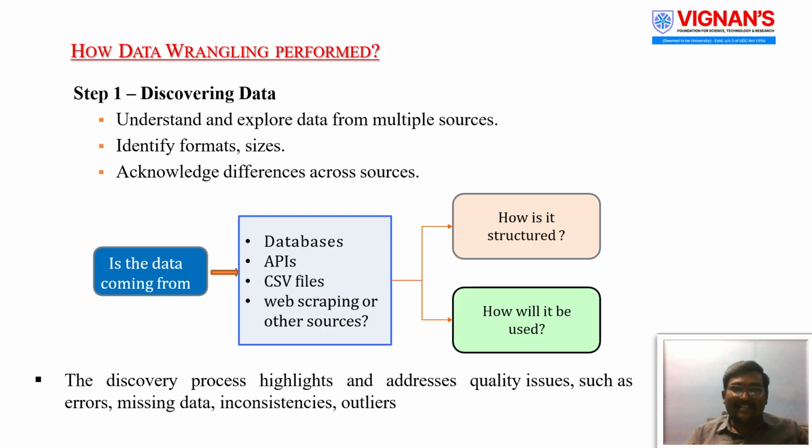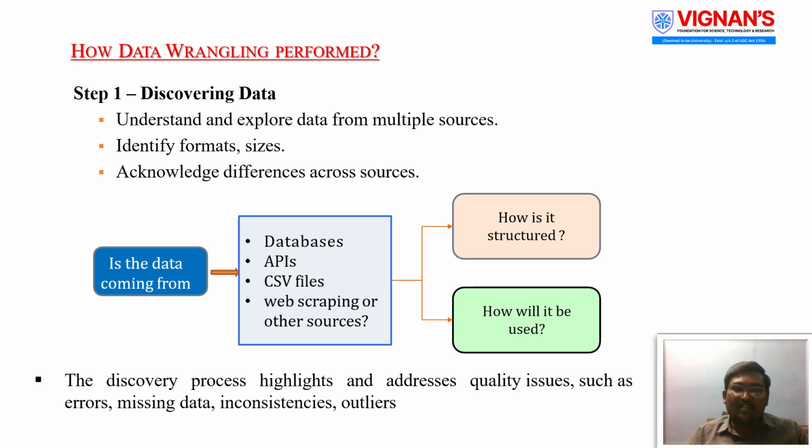In these six key steps of transforming raw data into useful information, the first step is discovering the data. Let's see how discovering the data is done. Understand and explore data from multiple sources. It means identifying which format the data is in and the sizes, and acknowledging differences across the different sizes of data and where we are getting the data from, like databases, APIs, CSV files, and other sources.